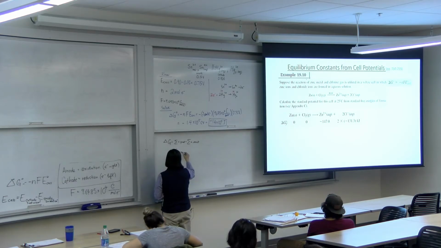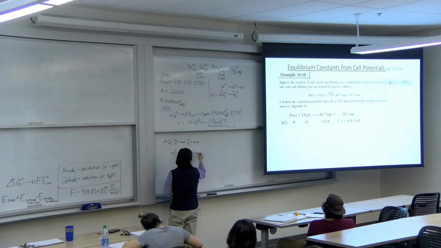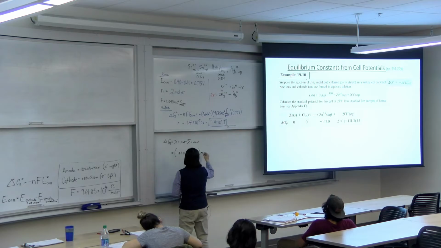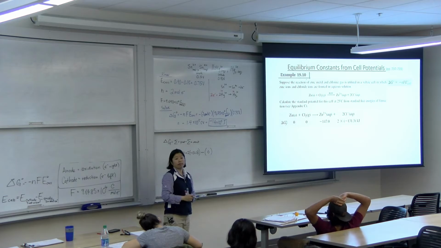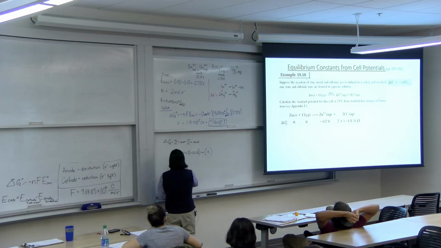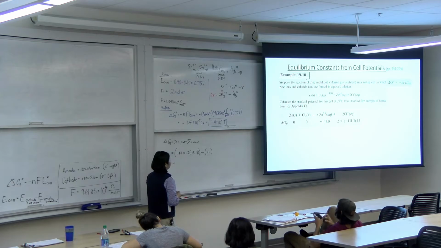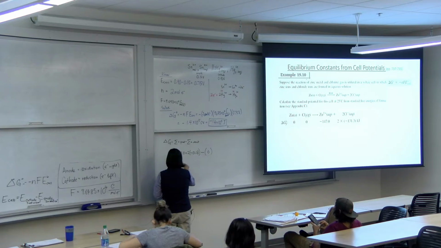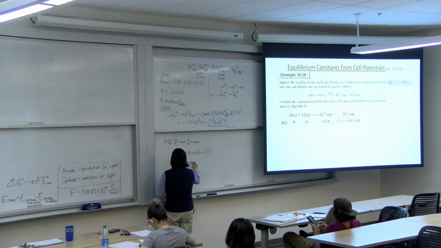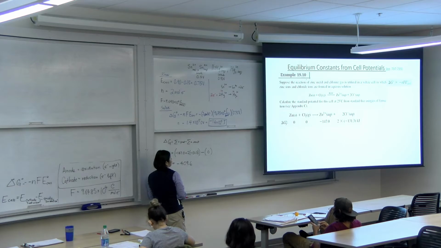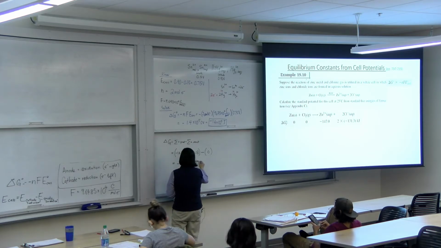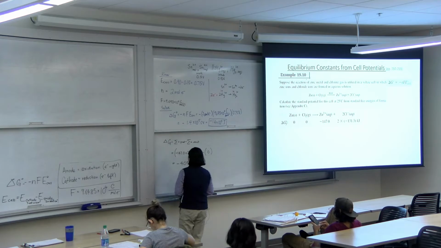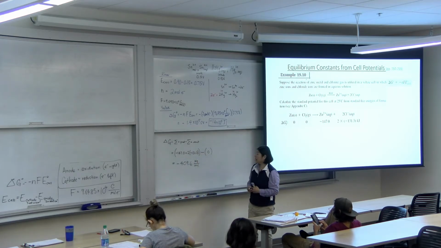Minus 147 plus 2 times negative 131.3. We're going to subtract our reactants, which is all 0, right? This comes out to negative 409.6, and from our table, the Gibbs free energy is in kilojoules per mole. Did everyone get negative 409?